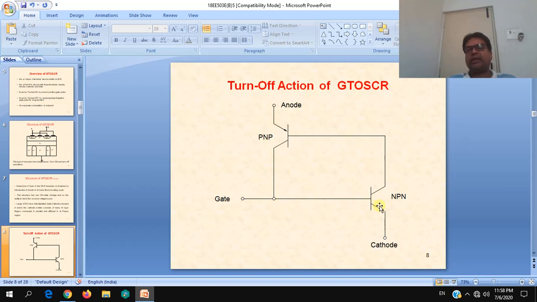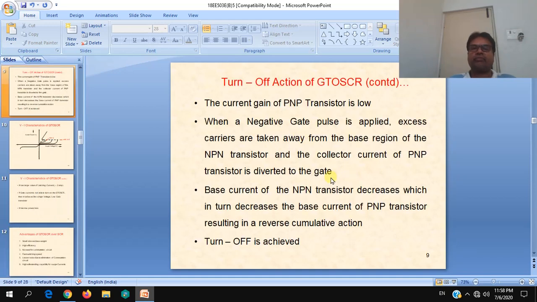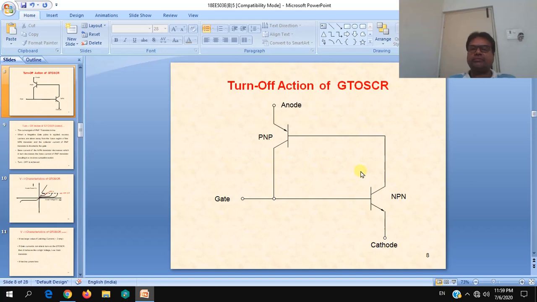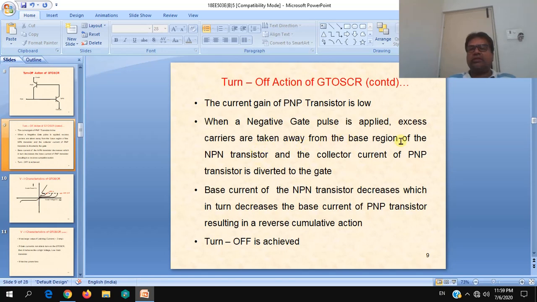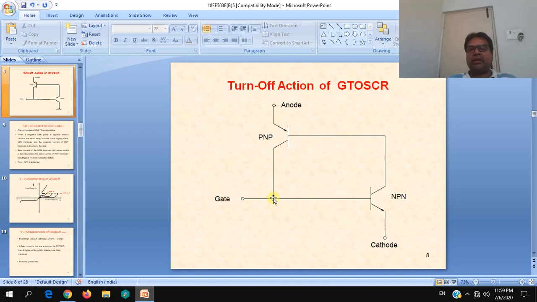The base current entering NPN will go on decreasing, so reverse cumulative action takes place. Just you can understand it like this. The current gain of PNP transistor is low in this case. When a negative gate pulse is applied, excess carriers are taken away from the base region of the NPN transistor, and the collector current of PNP transistor is diverted to the gate.